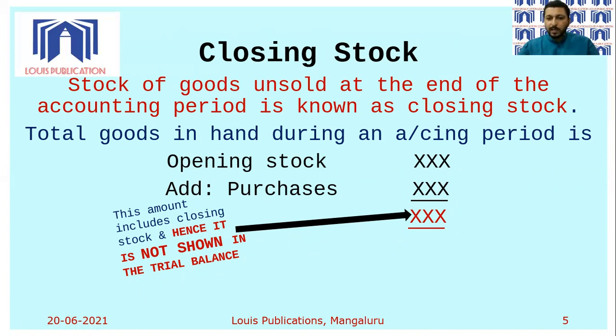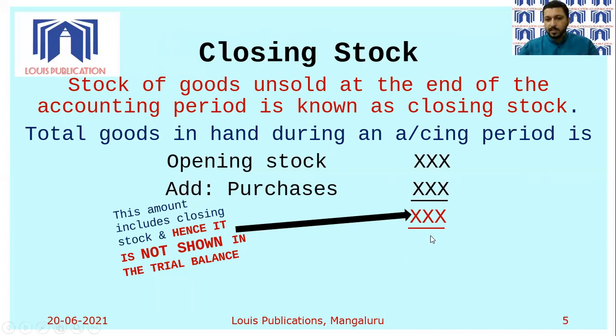And that's why this particular number, that is cost of goods available for sale, this number in red, it includes closing stock. And since it is inclusive of closing stock, it is usually not shown in the trial balance. But there is a twist in the tail as far as whether closing stock can be shown in trial balance or not.